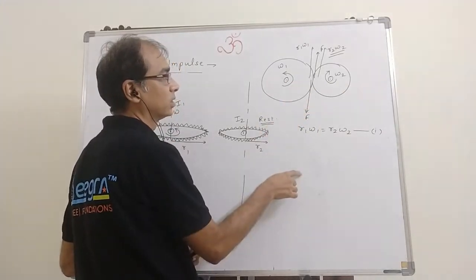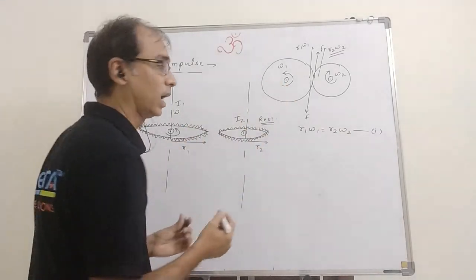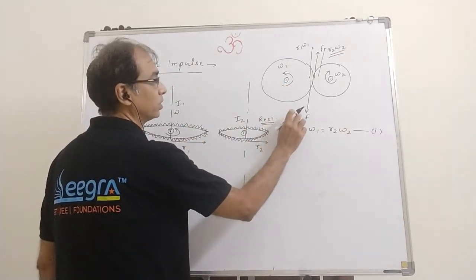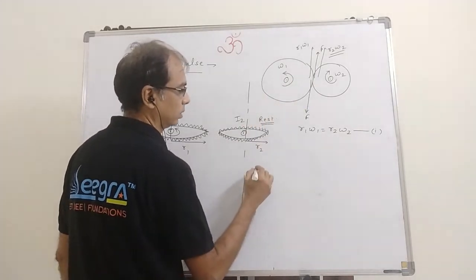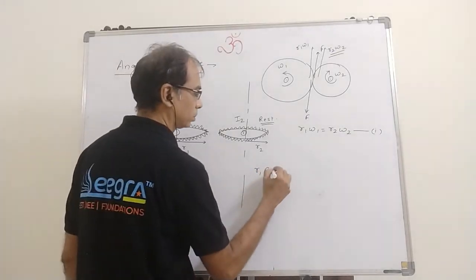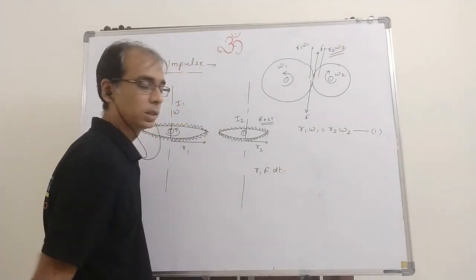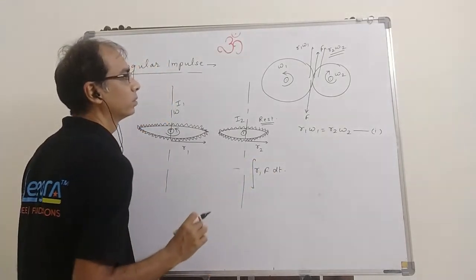It's acting in this direction and it's trying to decrease its speed. So similar to the previous question, I am taking the impulse of this one as negative. So what is the impulse? Radius of this one is r1 into F dt. This is the impulse and I am taking this as negative. Or you don't take this as negative.